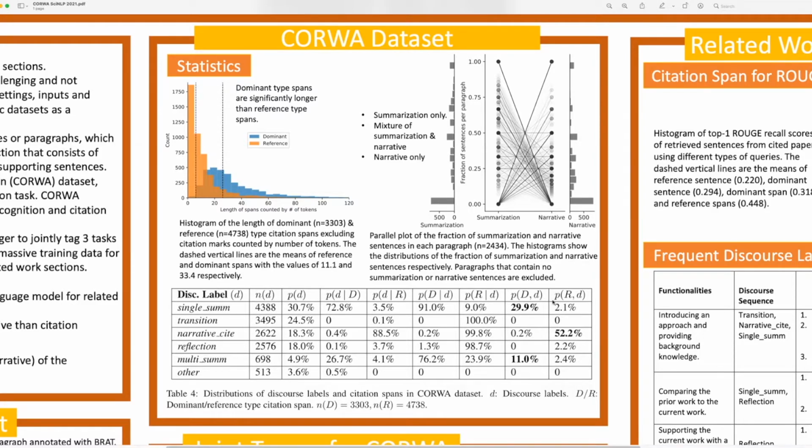It shows that the most frequent patterns are single document summarization coupled with dominant type citations, multi-document summarization type tags coupled with dominant type citations, and the reference type citation span coupled with narrative style sentences. So these results are generally consistent with our annotation scheme.